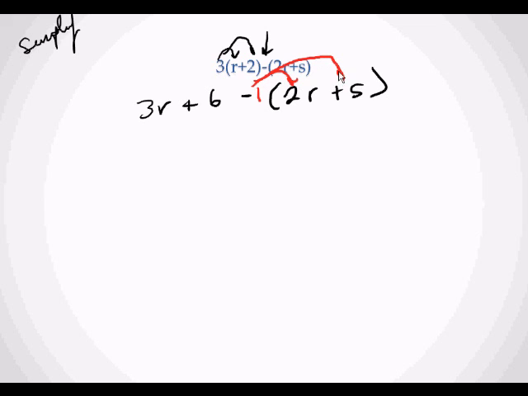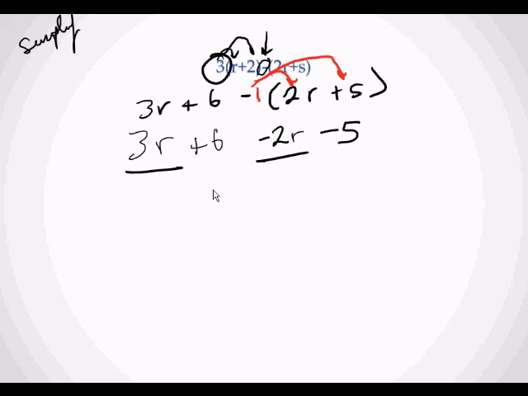That minus in front of a parentheses is kind of like an invisible -1. You have to distribute a -1 when you have a minus in front of a parentheses. So what we have is -1 times 2, which is a -2r. -1 times 5, which is a -5. So do you see I distributed the 3 in front of the parentheses and then this invisible -1 in front of the parentheses.